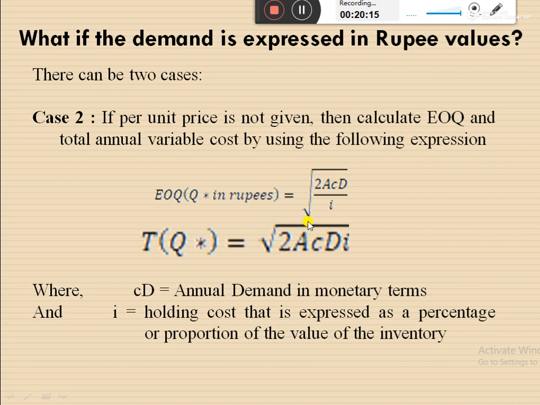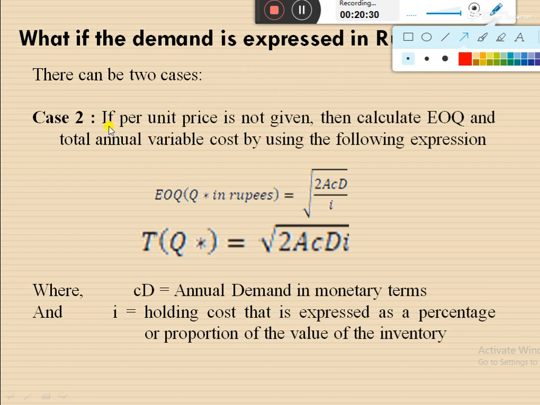What if the demand is expressed in rupee values and unit price is not given, or purchase price of a single unit is not given? Then what would be the procedure of calculating economic order quantity and total annual variable cost?